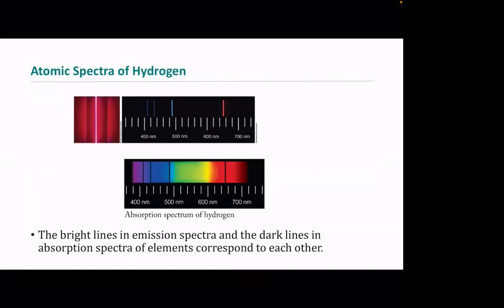So I guess I should draw something here. So imagine a tube of hydrogen gas. And let's say I put a voltage through there. High energy, I'll just describe it like this, high energy going in there. The hydrogen gets excited and it absorbs some of that energy.